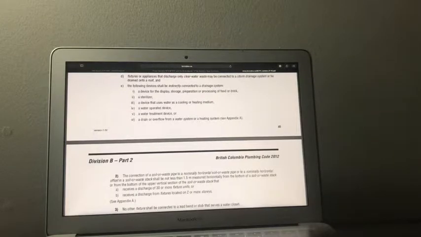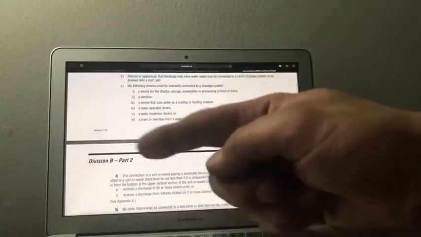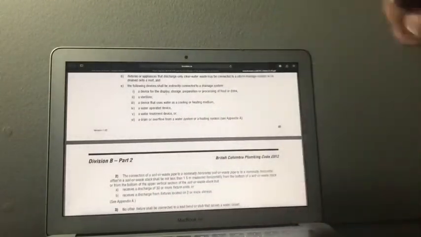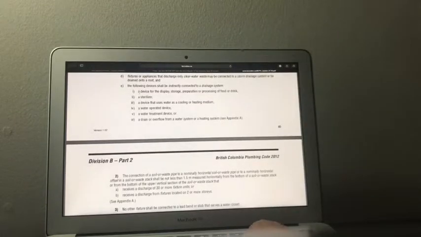Following devices shall be indirectly connected to a drainage system. A device for the display. So obviously a freezer in a grocery store, where you pick your pizza out of, that would be a device for display. That'll have a skirt right at the bottom, and it'll have all these little copper stub outs, and that will drain all the condensate.